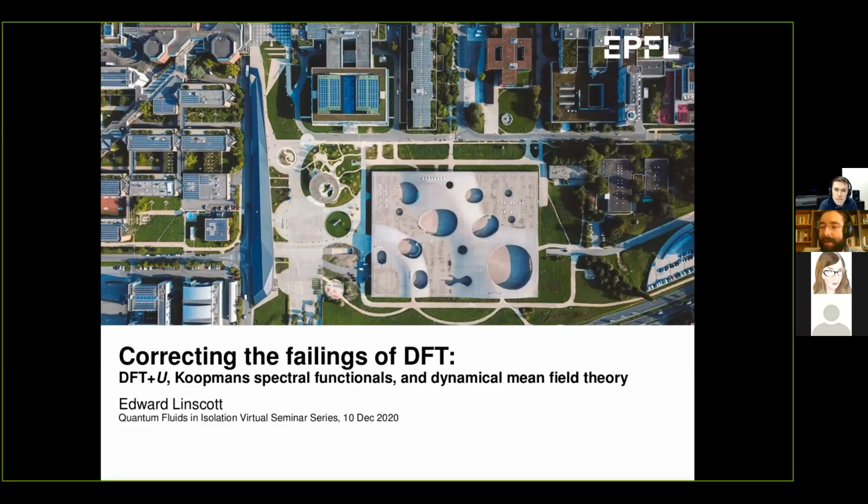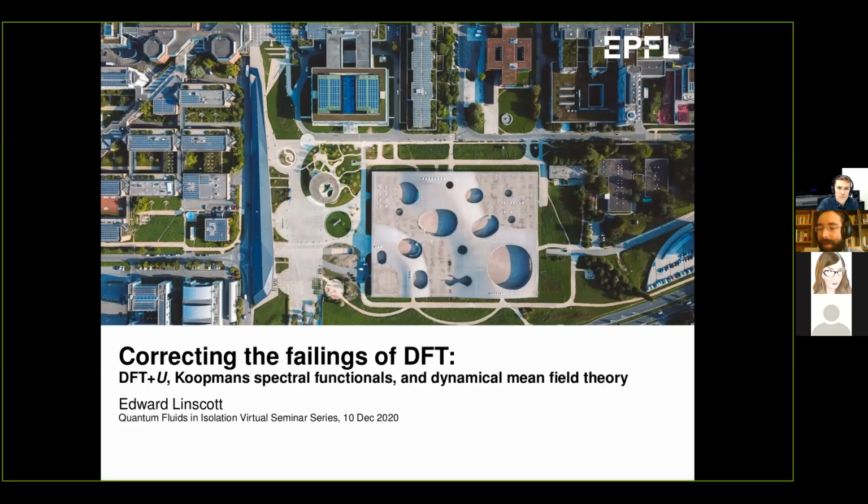So today we have Dr. Edward Linscott. Dr. Linscott got his BS degree in physics and mathematics from the University of Cambridge in 2012. He spent the last semester at the University of California, Berkeley, and then spent 1 year at an honors program at the University of Otago in New Zealand in 2013.